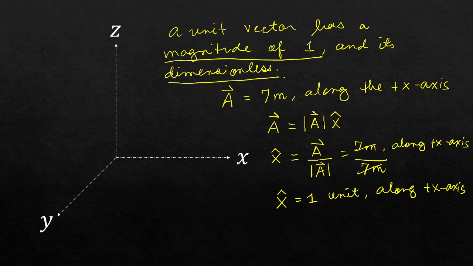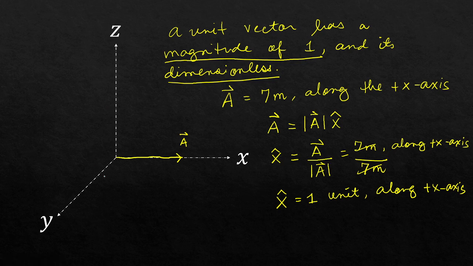So if we plot this on a three-dimensional Cartesian plane, vector A would be something like this. Okay, this is a rough sketch. The drawing is not to scale, so that would be vector A. So where is the unit vector here?